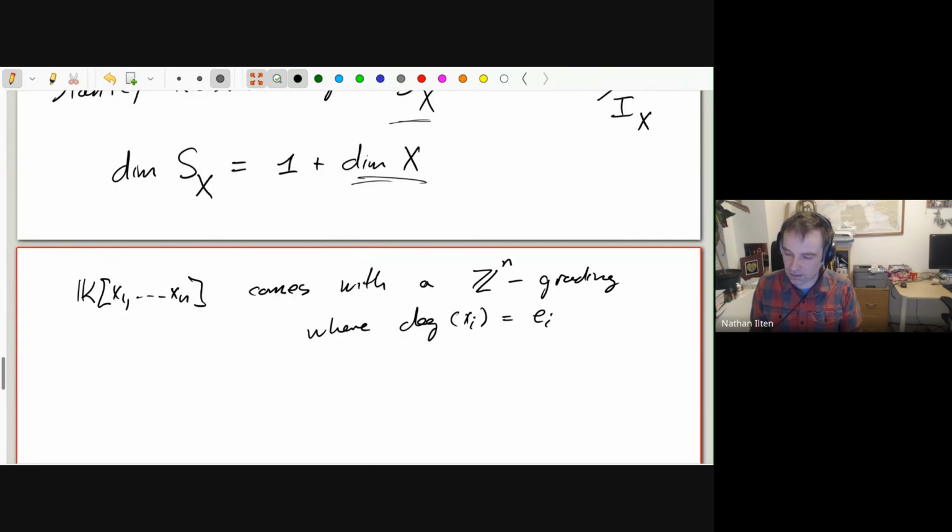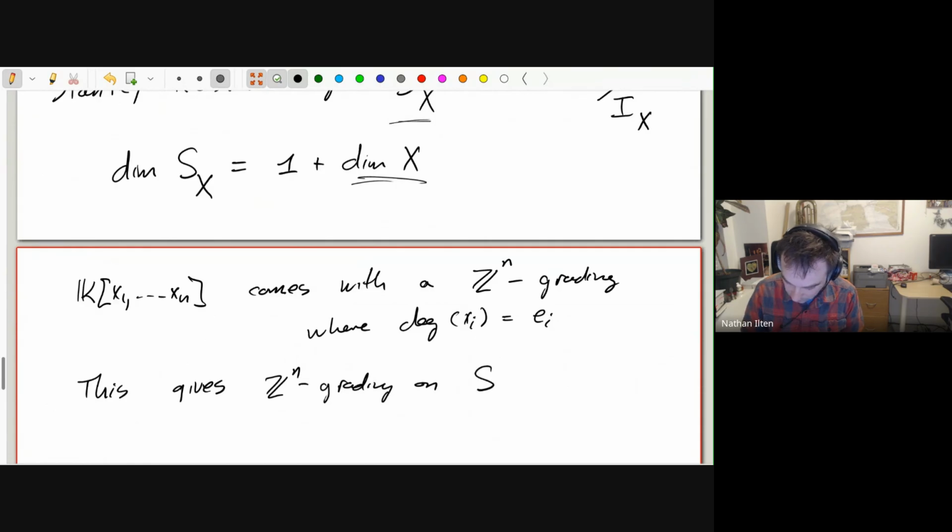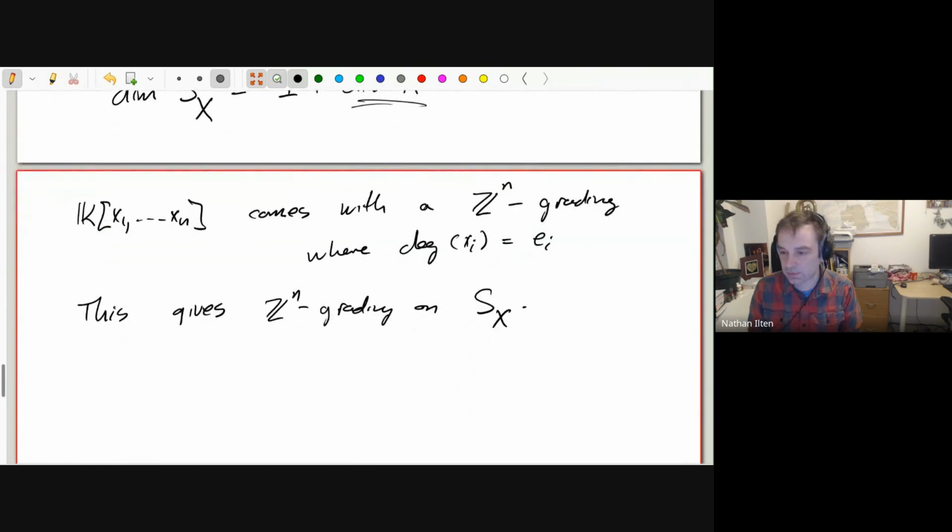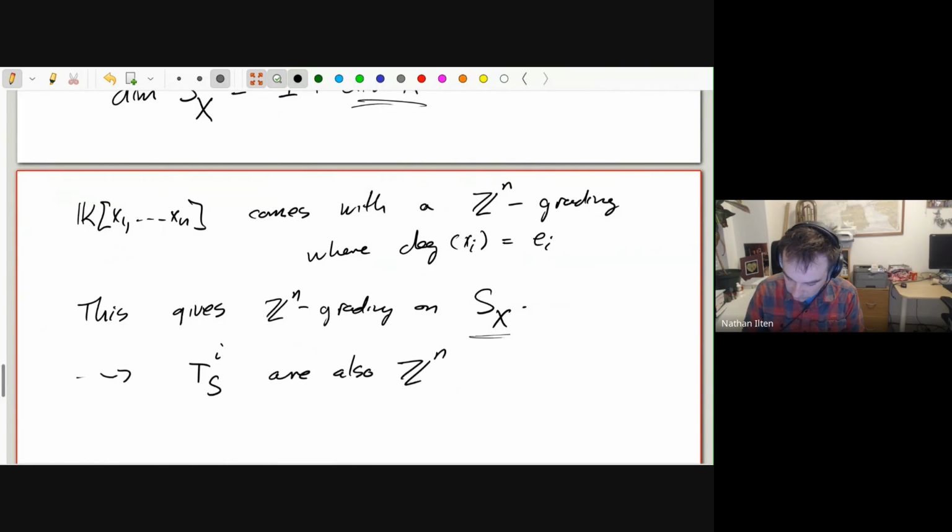And so that means that this Z^n grading descends to a grading on the Stanley-Reisner ring Sx. This means that any module that's defined canonically from this ring will also inherit a Z^n grading. In particular, our cotangent cohomology modules, Ti of S, are also Z^n graded.